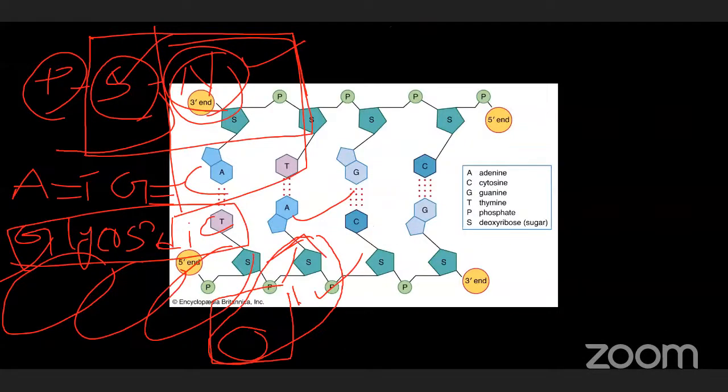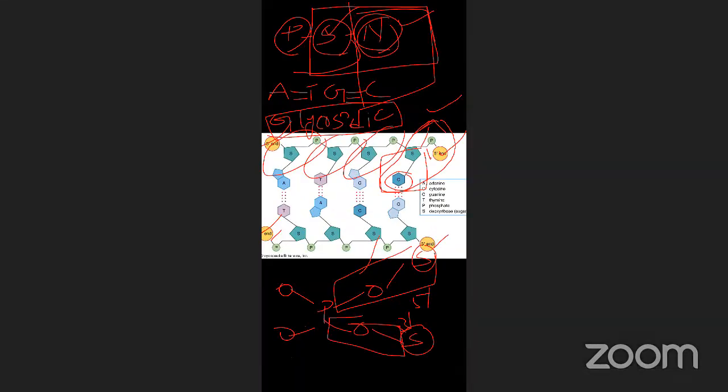In the DNA structure, these are the nitrogen bases. Nucleoside with diester phosphate. Nucleoside, nitrogen base. Enough. Right, clear?